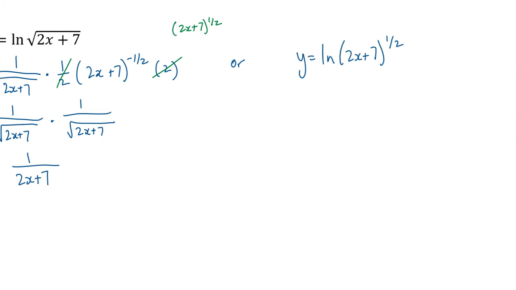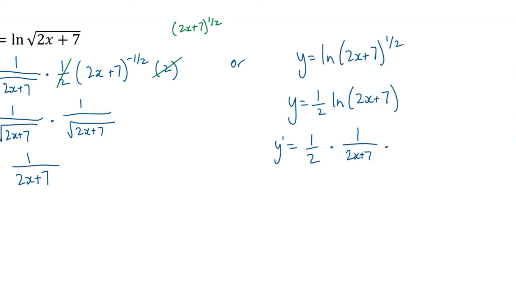Great thing about logarithms is it allows us to take those exponents out front. Okay, and now I can take the derivative, times the derivative of the argument. Once again, these multiply out to 1.